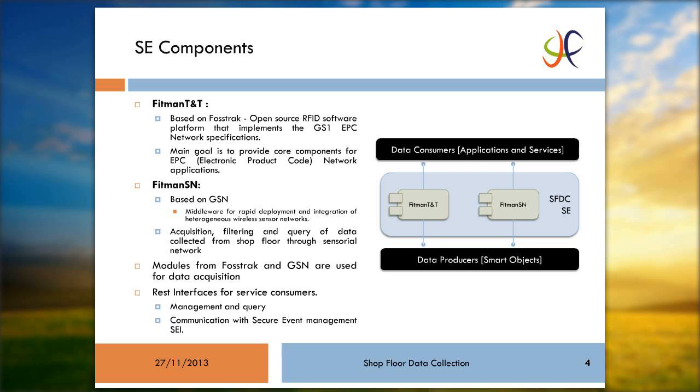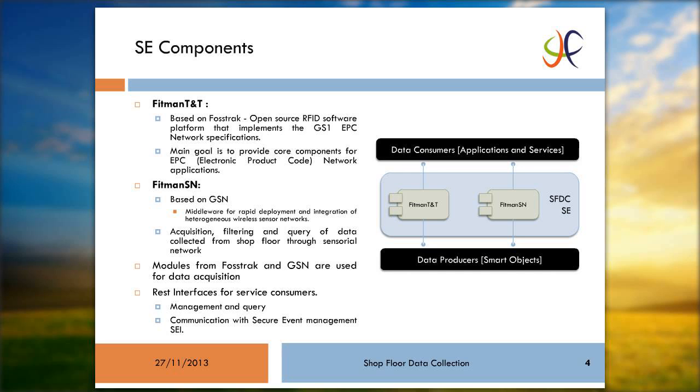FITMAN tag and trace is based on FastTrack, which is the open source RFID software, and FITMAN sensor network is based on Global Sensor Network, which is the deliverable from the OpenIoT project.